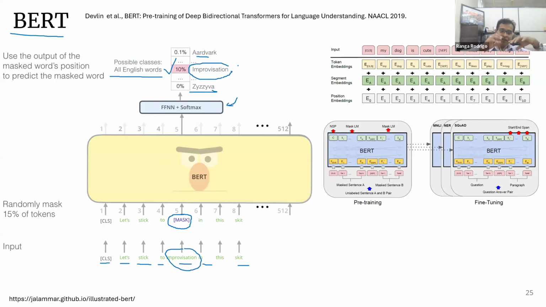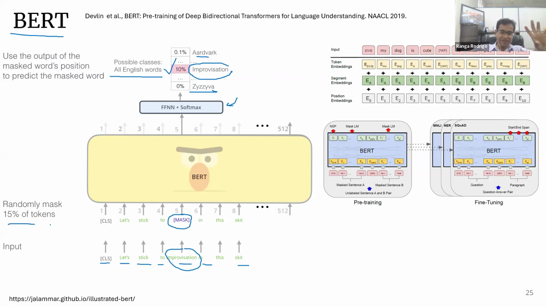If it is less, then you have to change the parameters of the network using so-called backpropagation. So you can see this is the masked language model that drives Google BERT and OpenAI's other models and so on. In addition to that, this had some other things like next sentence prediction and so on. If you have questions, I can describe them, but we can ignore that for the time being. So this is how a masked language model works.